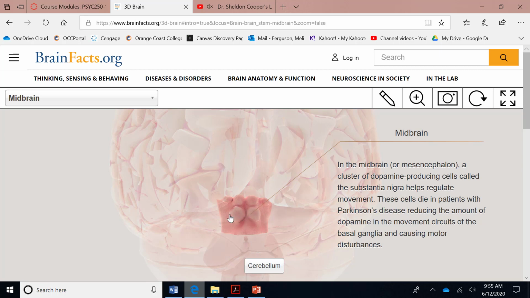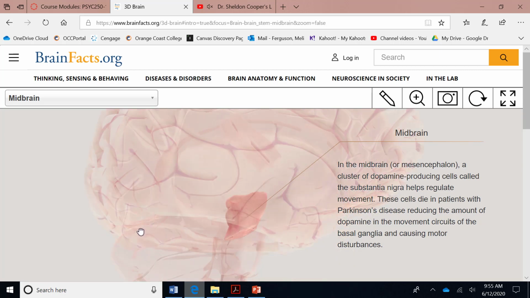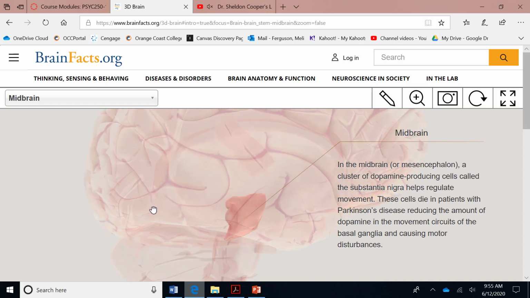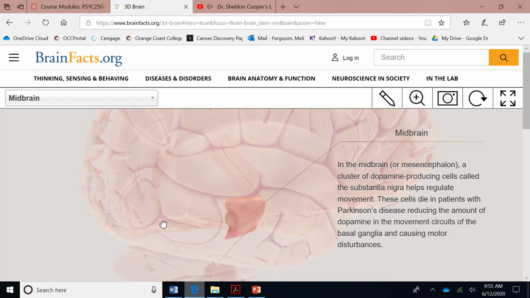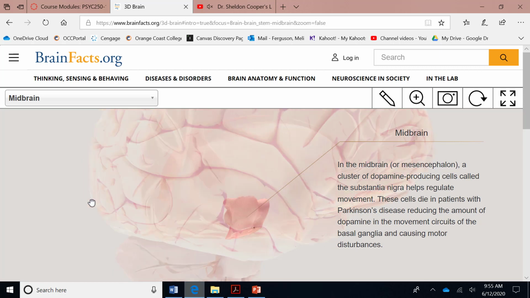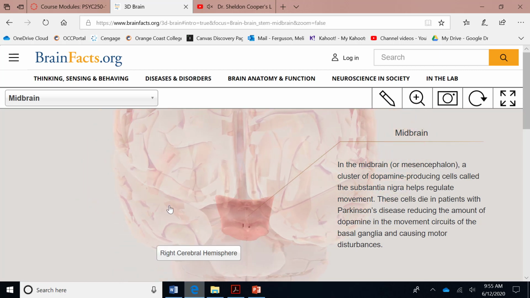Here's your inferior colliculi processing auditory information. And if we turn around, we can see that they're facing the rear of the brain. So they're on the posterior side of the midbrain.